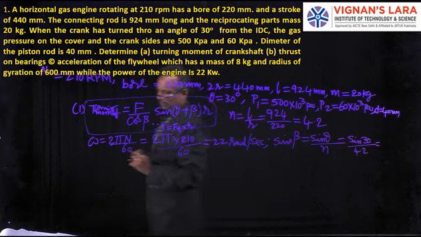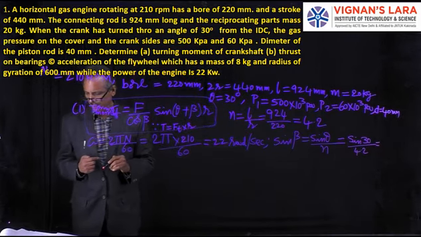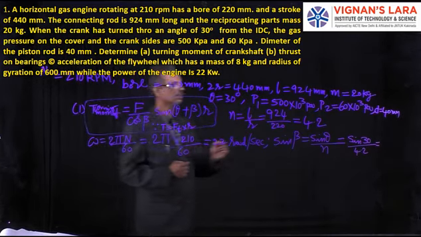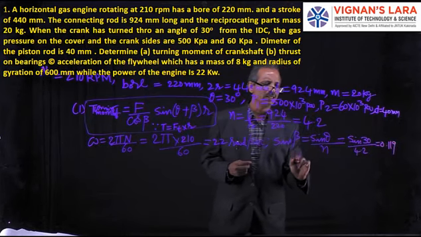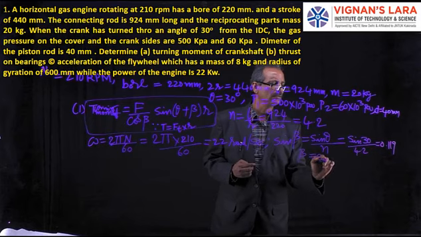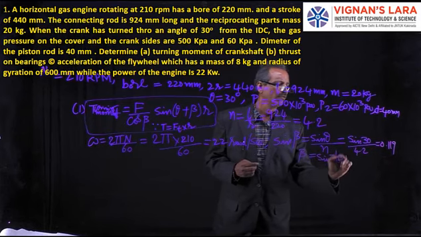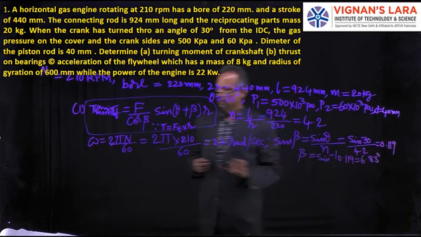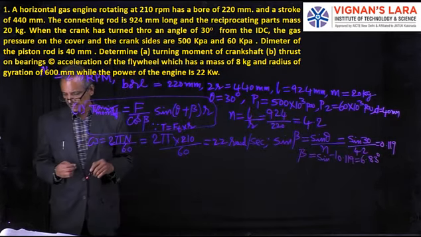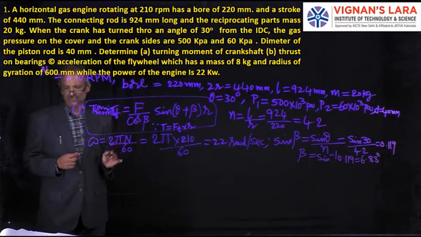Then you get the value of sin beta as 0.119, that is beta is equal to sin inverse of 0.119, which is 6.83 degrees. That is over.